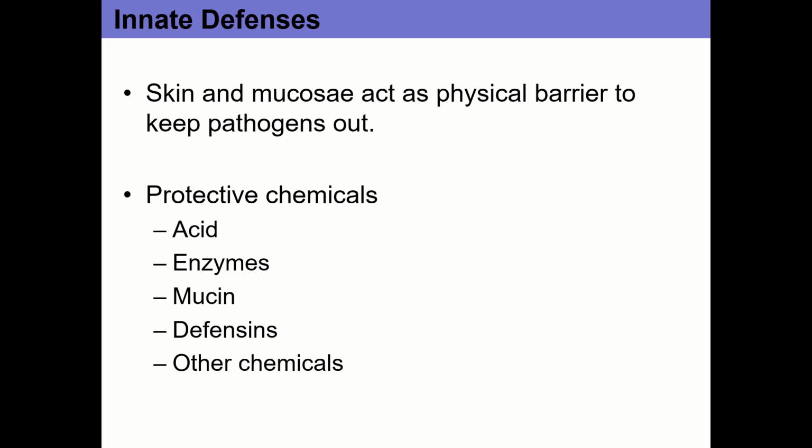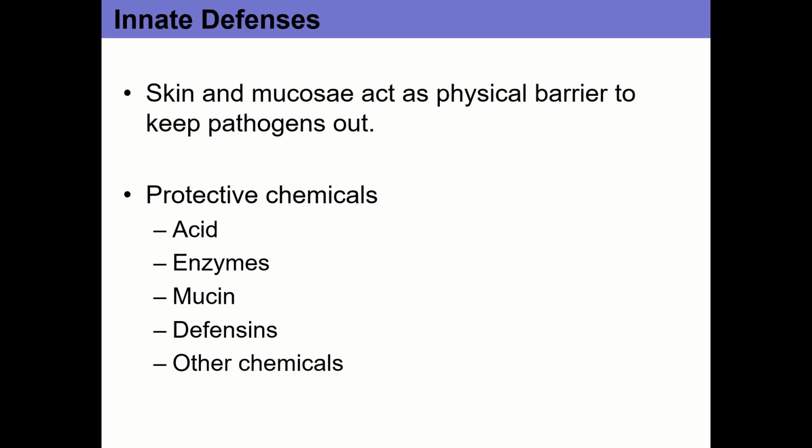So in terms of the innate defenses, as mentioned, the skin and the mucosa, or the mucous membranes, act as a physical barrier to keep the pathogens out. They not only act as a physical barrier, but they also generate some protective chemicals. For example, your skin is slightly acidic.